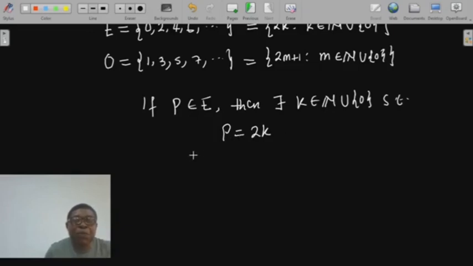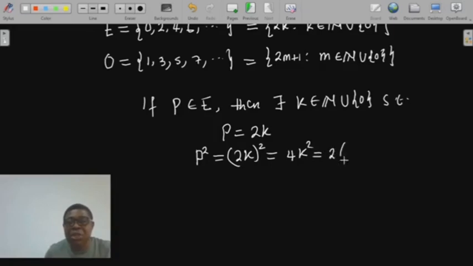Now, if we square P, we get that P squared will be equal to 2k all squared. This will give us 4k squared, which we can rewrite as 2 into 2k squared.